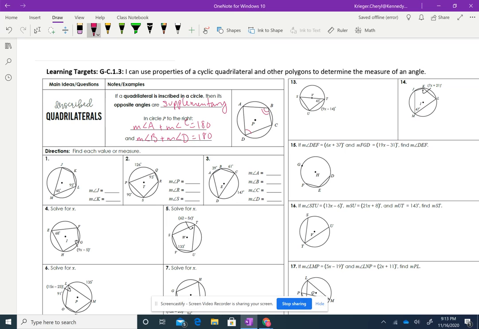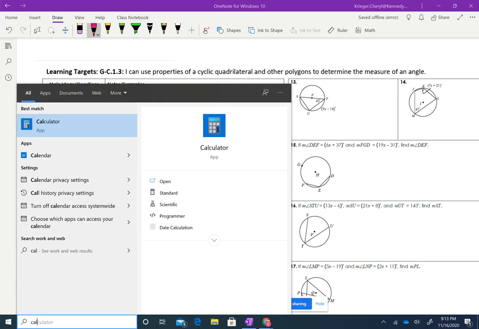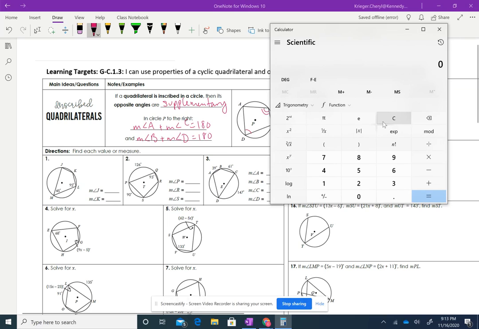So number 1, we start off with finding angle J, which is supplementary with L. So I will get a calculator out and do 180 minus 92 to find angle J. So that's 88.